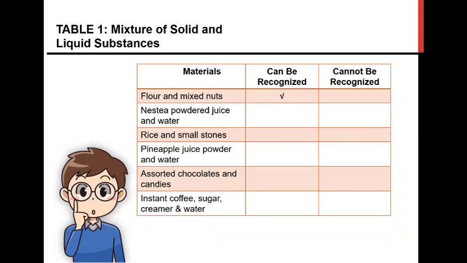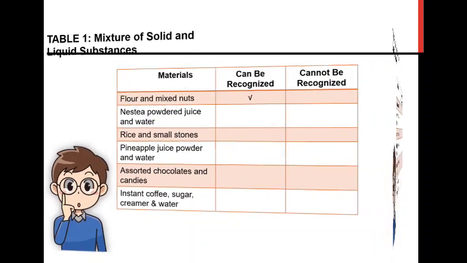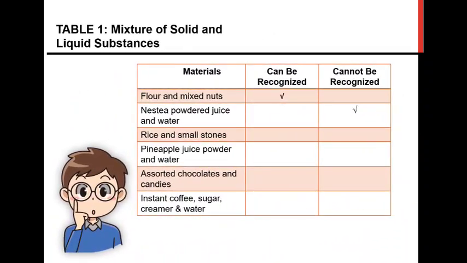If they are mixed together, can we still recognize the component of the powdered juice? Very good. We cannot recognize it anymore because the powdered juice will be completely mixed with water.